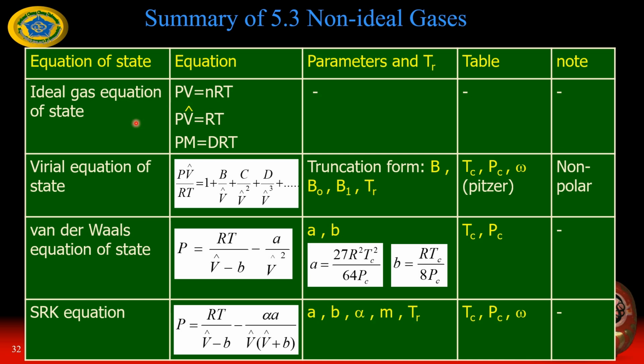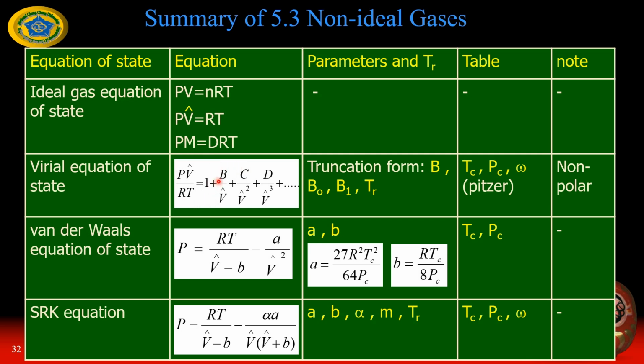For the non-ideal gas equation of state, the first one is called the virial equation of state. As you can see, this is PV̄ divided by RT equal to 1. So if there is no term B, term C, term D, that will be called the ideal gas equation of state, right?